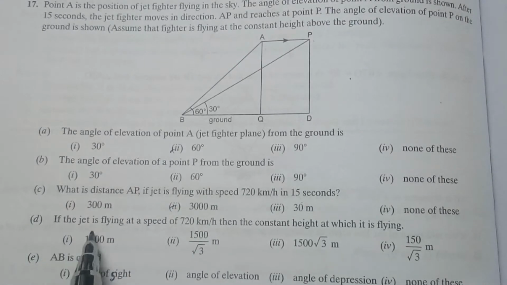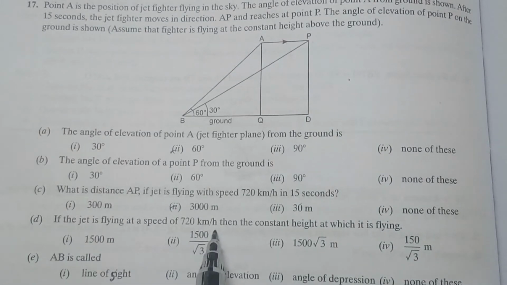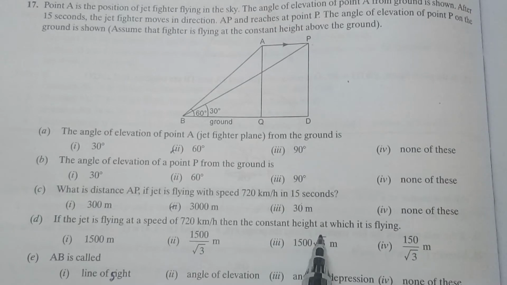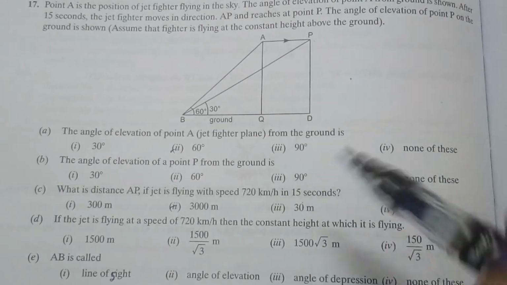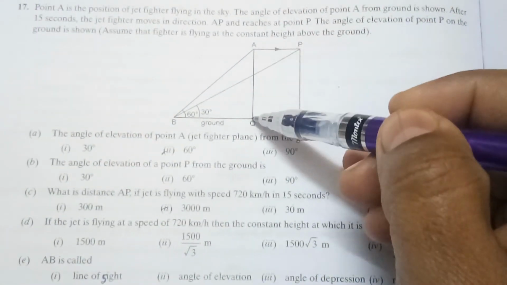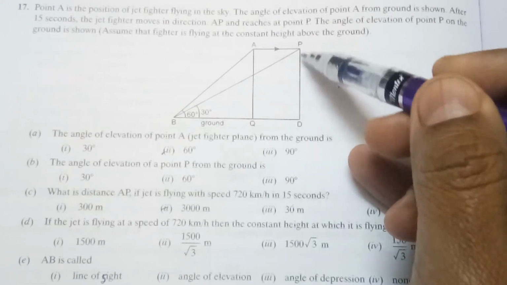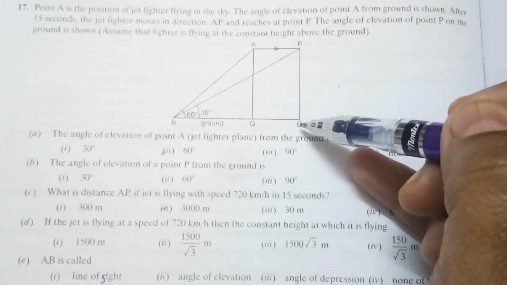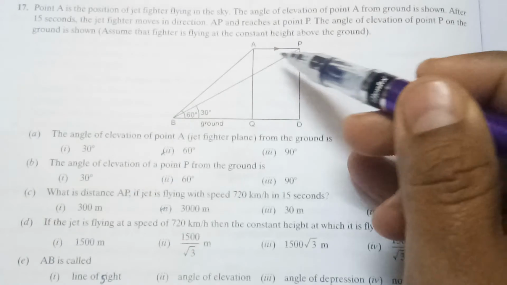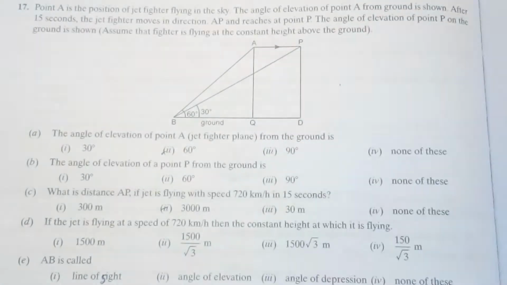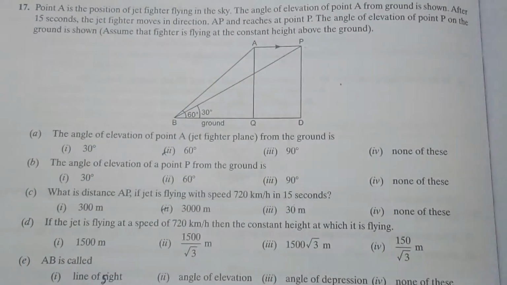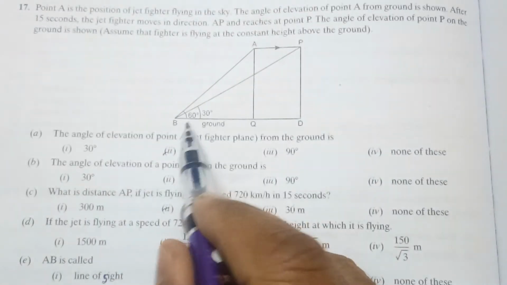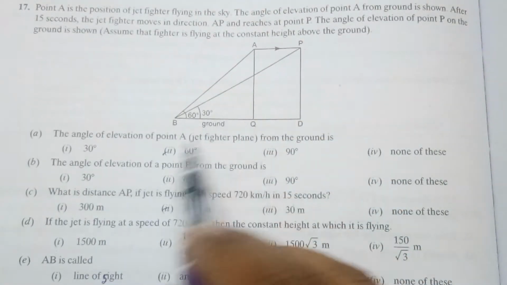Next part is, if the jet is flying at a speed of 720 km per hour, then the constant height at which it is flying, constant height means AQ or PD. This is because this is constant height. So these both, PD or AQ, we need to find out. For that we will use the trigonometric ratio in triangle ABQ.